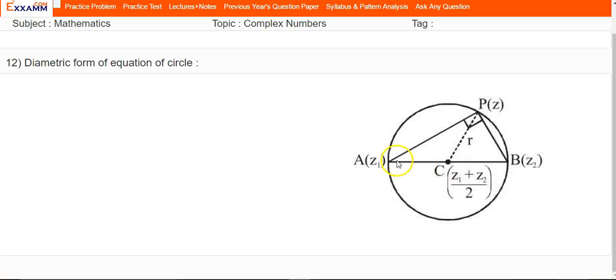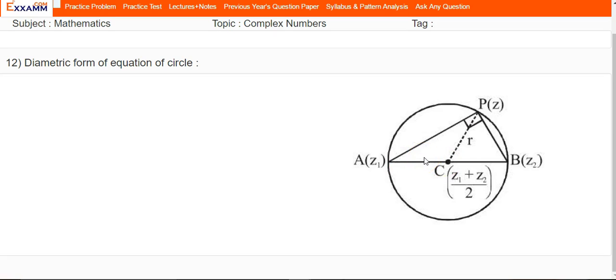Center would be (z1 plus z2) by 2, because AC is half of AB and C is the middle point of A and B. Now we can find the equation using 3 different methods. We will get 3 different formulations, but when we solve them, the equation would be the same.